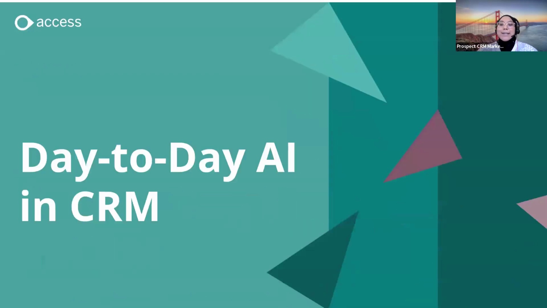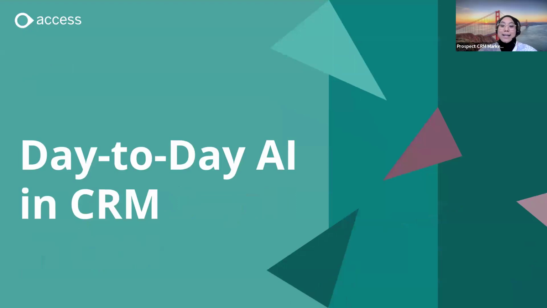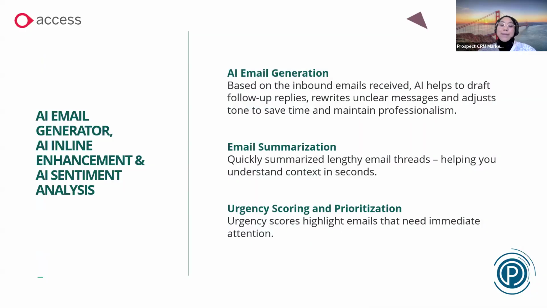Just to let you know about a day-to-day AI in CRM. Imagine you are a sales rep starting your morning as usual. You need to follow up on the quote that you sent last week. Instead of writing the email from scratch, you open the quote in CRM, click send email, and use the AI assistant to generate a follow-up email, complete with the quote value and contact pulled in automatically.